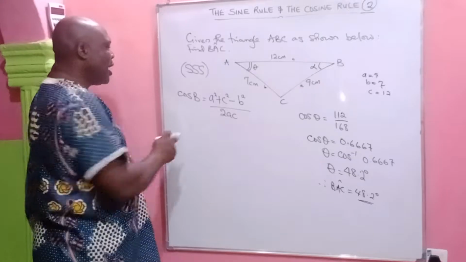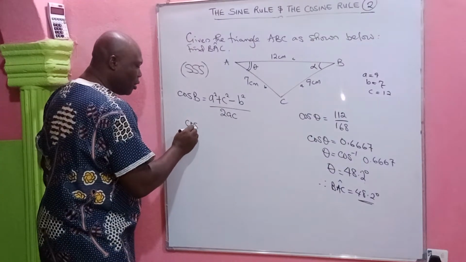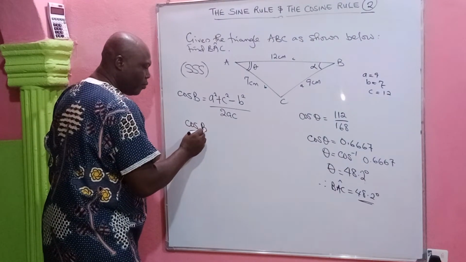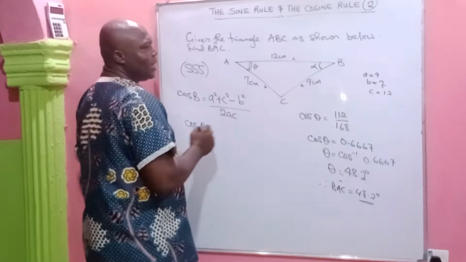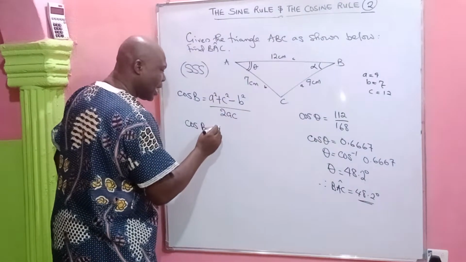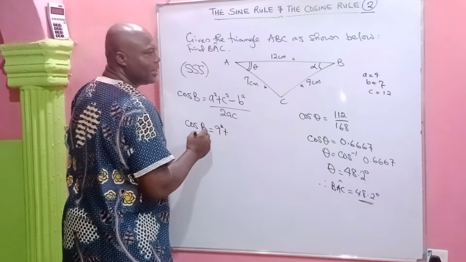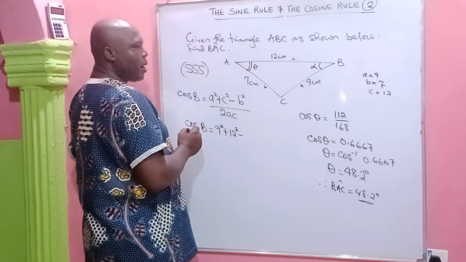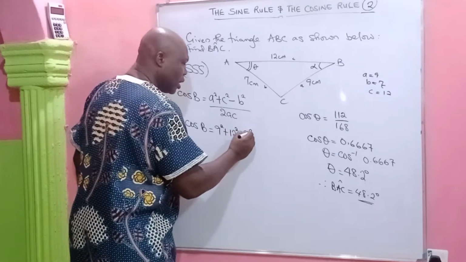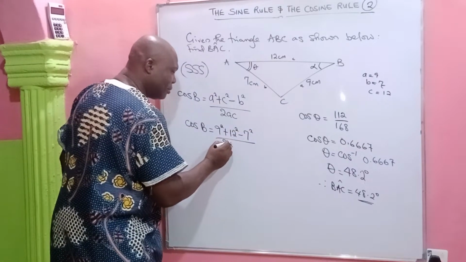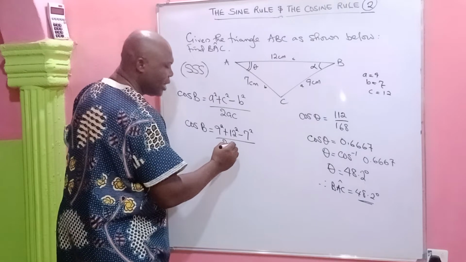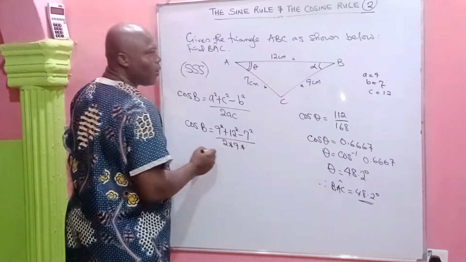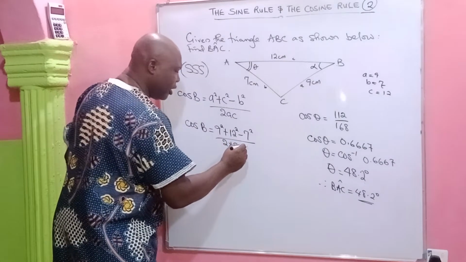So how do we find cos B? The cos of the angle at B will be equal to A squared, A is 9, so that will be 9 squared, plus C squared, C is 12, 12 squared, minus B squared, B is 7, 7 squared, over 2 times A being 9 times C being 12.